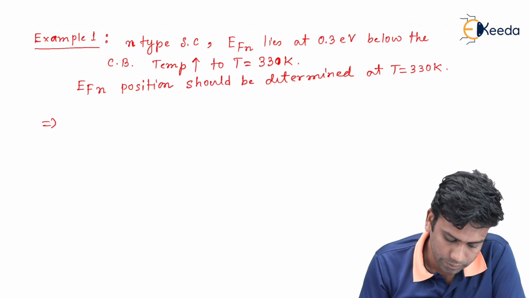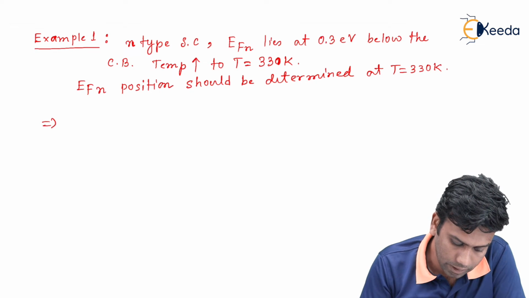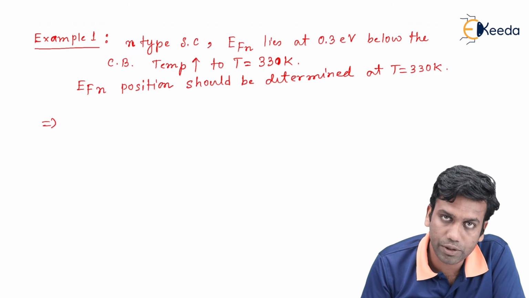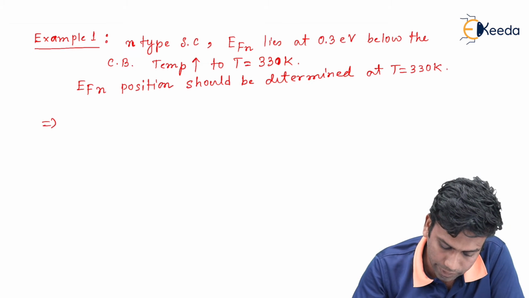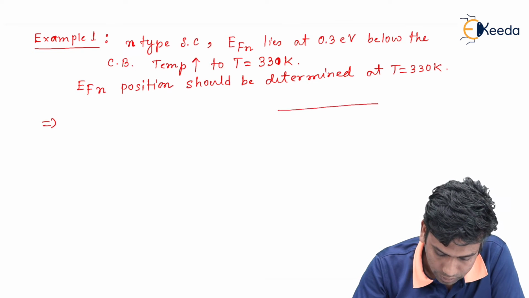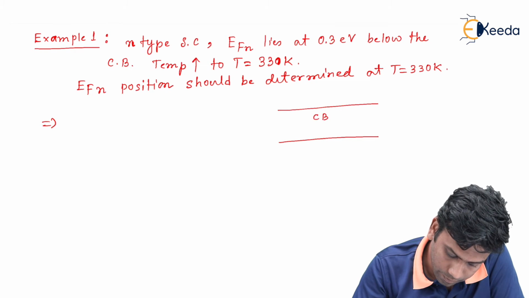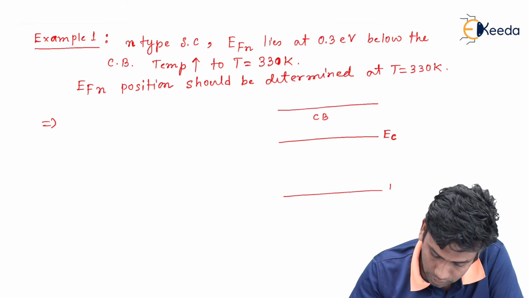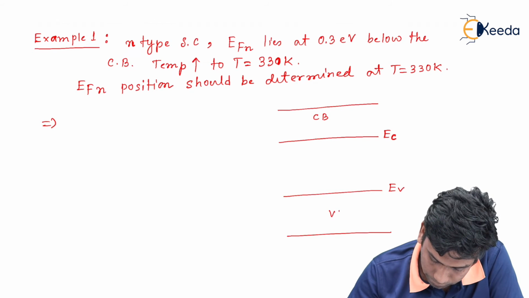For this, we know that for an n-type semiconductor, the shift of the Fermi level can be drawn in an energy band diagram this way. So this is the conduction band, this is the EC, this is the EV, and this will be the valence band.